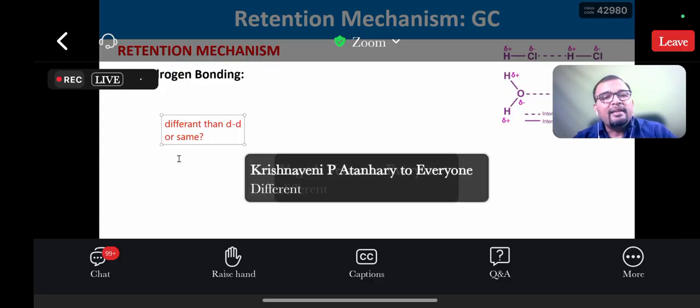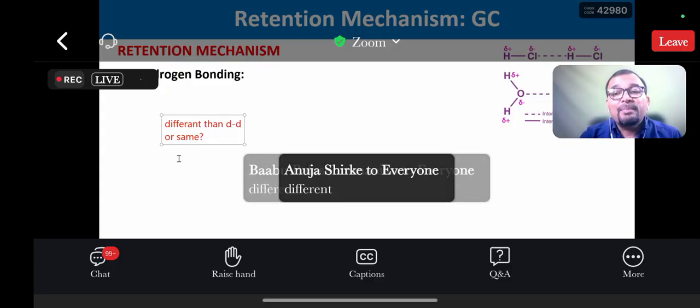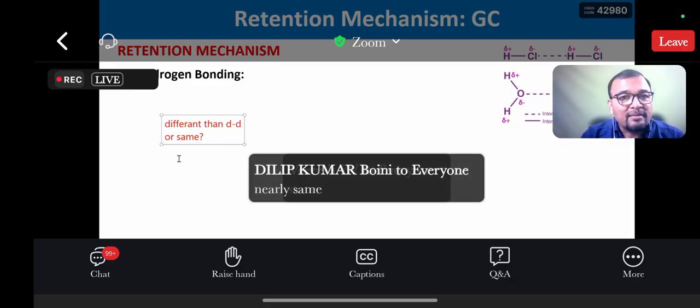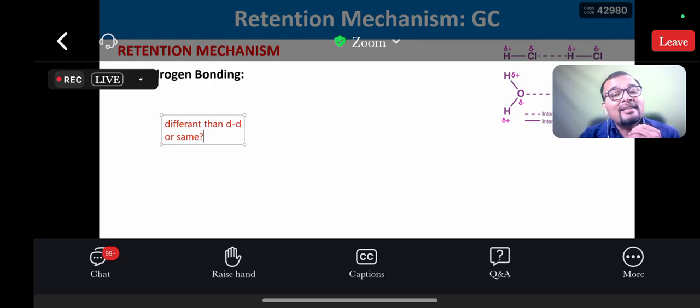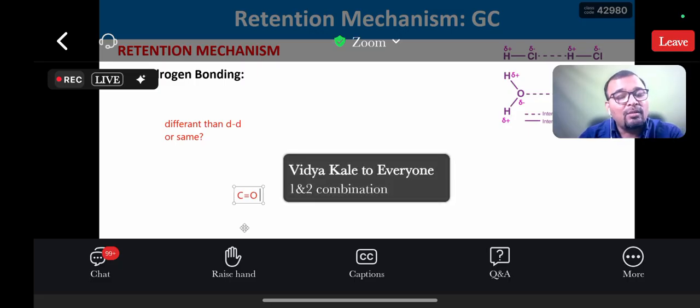See, I think hydrogen bonding principally is not different than the dipole-dipole interaction. Please understand. The only difference is, in the earlier example, we talked about the carbonyl group.